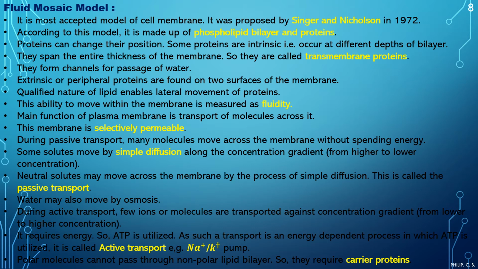During active transport, a few ions or molecules are transported against the concentration gradient, from lower to higher. As we just learned, it is usually along the concentration gradient, from higher to lower concentration. But sometimes it can be by active transport, which is vice versa, from lower concentration to higher concentration. It requires energy. For simple diffusion, energy is not required, but in active transport, energy is required. ATP is utilized.